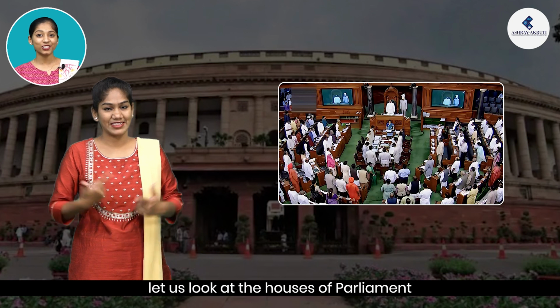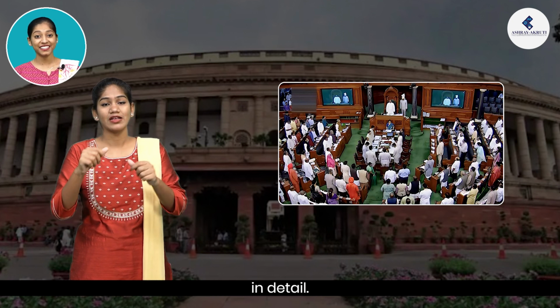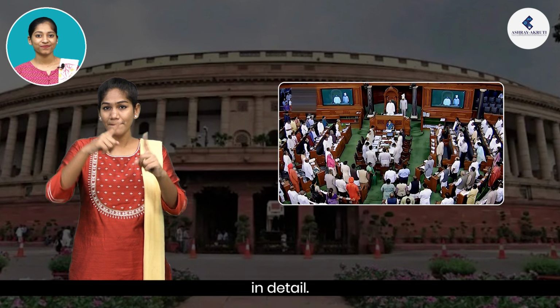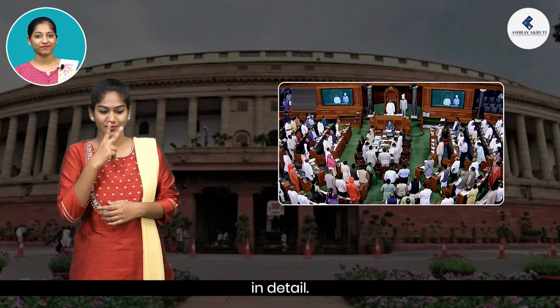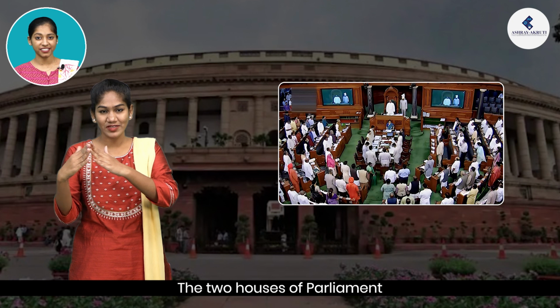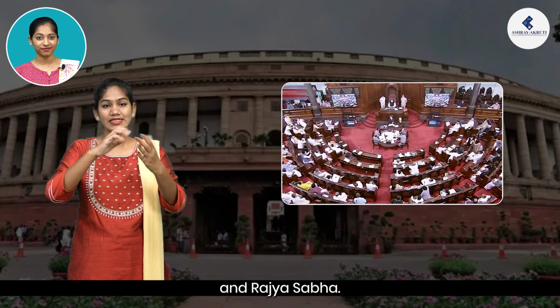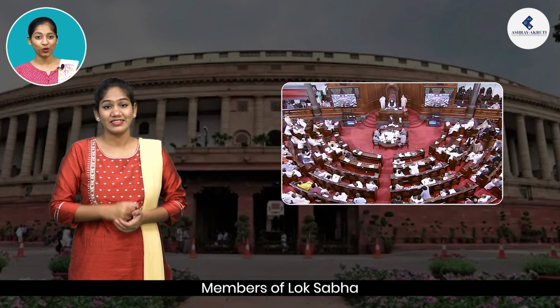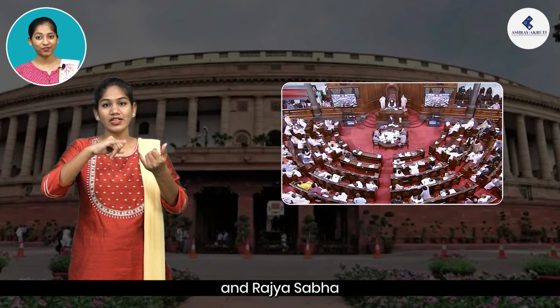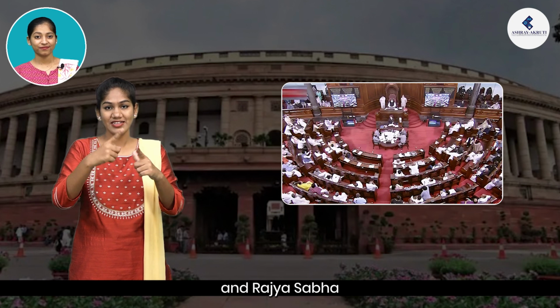Now, let us look at the Houses of Parliament in detail. The two Houses of Parliament are the Lok Sabha and Rajya Sabha. Members of Lok Sabha and Rajya Sabha are known as Members of Parliament, MPs.